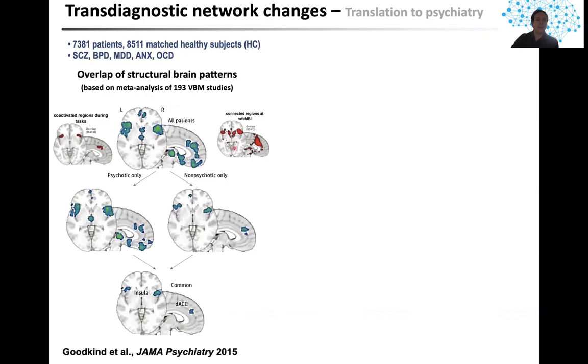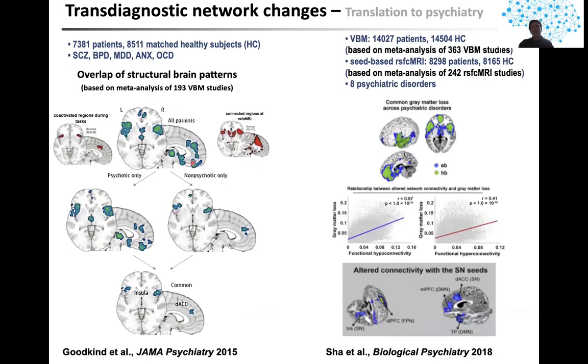This has also been found for the resting state data. This study has been replicated by Shah and colleagues in Biological Psychiatry, and they again found these areas. They are also known, for the resting state, as the salience network.